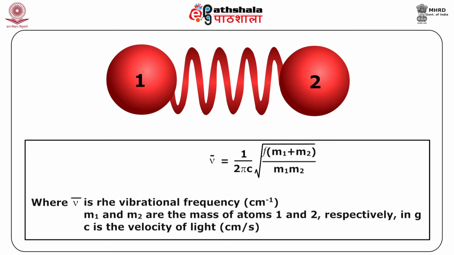given by the formula nu bar equals 1 by 2 pi c times the square root of f (m1 plus m2) divided by m1 into m2, where nu bar is the vibrational frequency in centimeter inverse, m1 and m2 are the masses of atom 1 and 2, c is the velocity of light in centimeters per second, and f is the force constant.